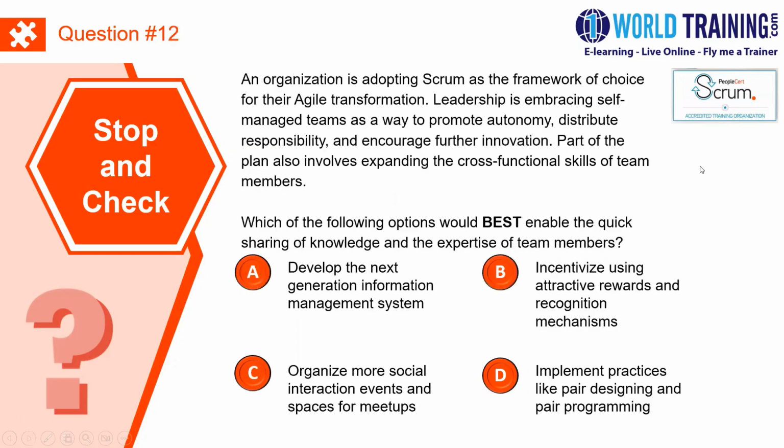Question number 12: an organization is adopting Scrum as a framework of choice for the agile transformation. Leadership is embracing the self-managed team as a way to promote autonomy. They are distributing the responsibility, and they are encouraging further innovation. Part of the plan also involves expanding the cross-functional team across functional skills of the team members. Which of the following options would best enable the quick sharing of knowledge and expertise of the team?